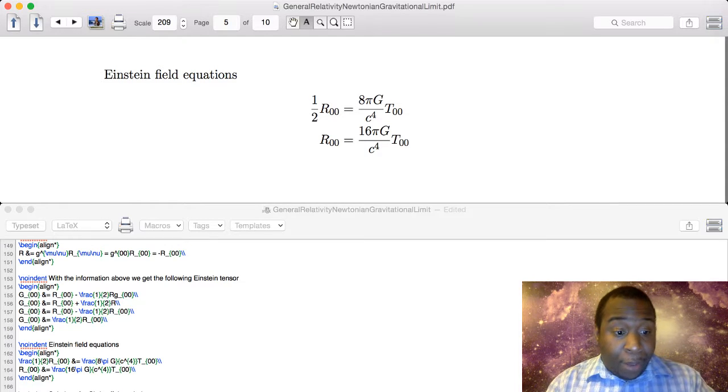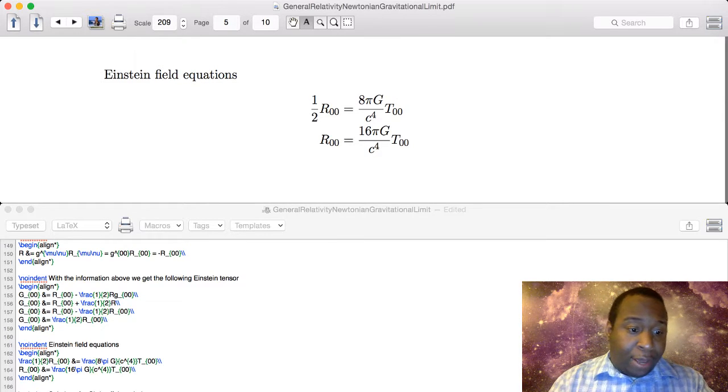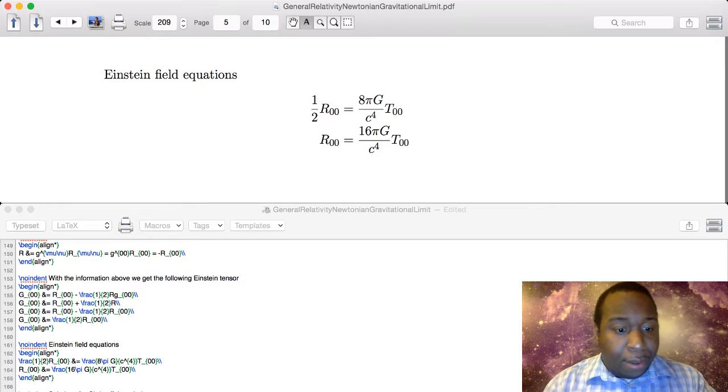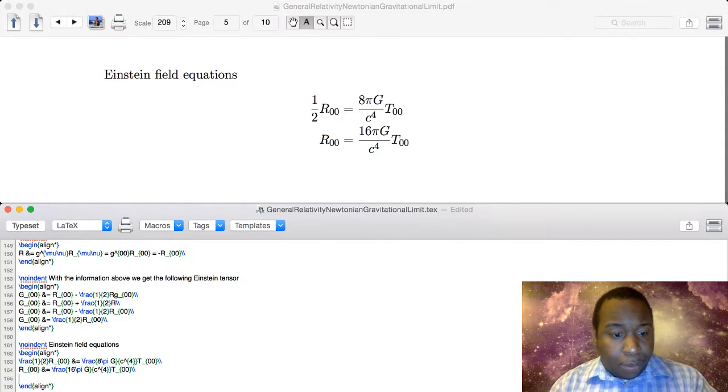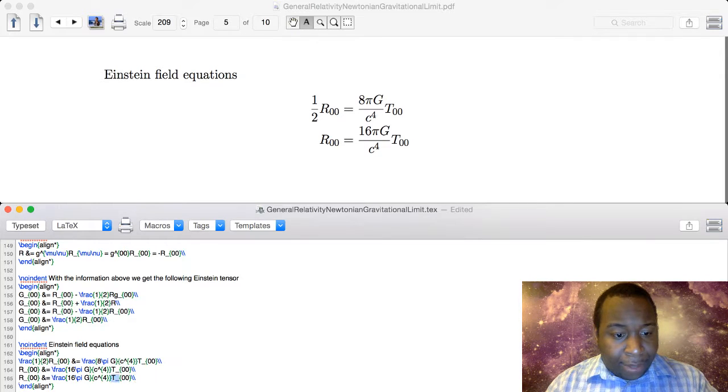We can also make a few substitutions. One, we know that the T sub 0, 0 element of the stress energy tensor is equal to rho, the mass density of our system.